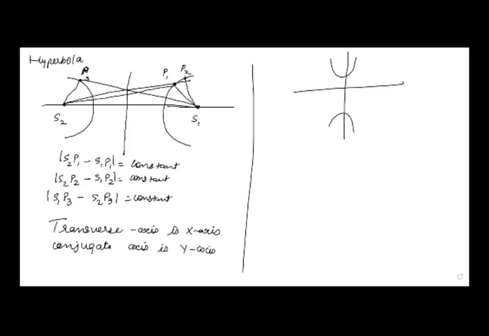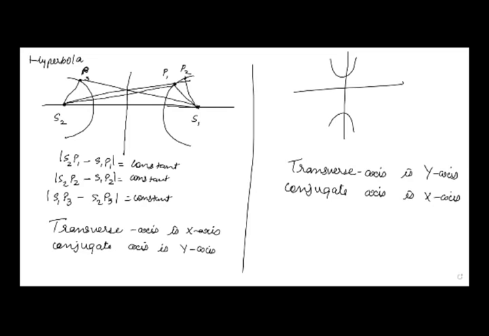In this case, my transverse axis will be the y-axis, and my conjugate axis will be the x-axis. We'll have different sets of formulas for the hyperbola having the transverse axis as x-axis and the one having the y-axis.